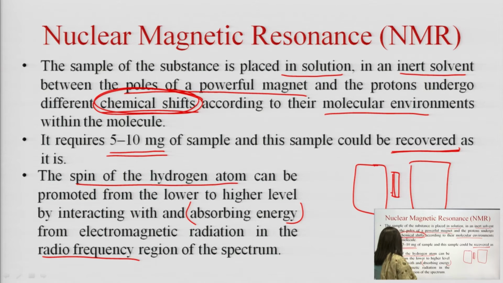Let us look at this again: once the sample comes in the field of electromagnetic radiation, absorption of energy takes place, causing the elevation of the hydrogen from a lower energy state to a higher energy state, and this results in the spinning of the hydrogen atom.